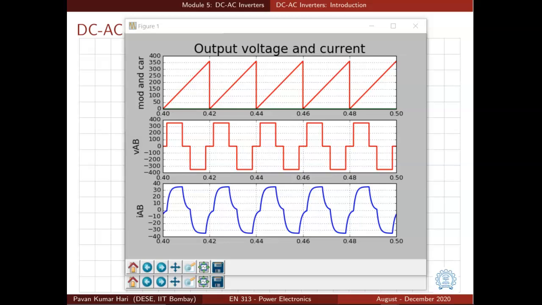And now what we have done, we have switched the switches, or turned them on and off, in a different manner, so that this kind of voltage VAB is generated. See the second waveform, where the voltage is 0 for some time, and of course plus VDC and minus VDC for some time.